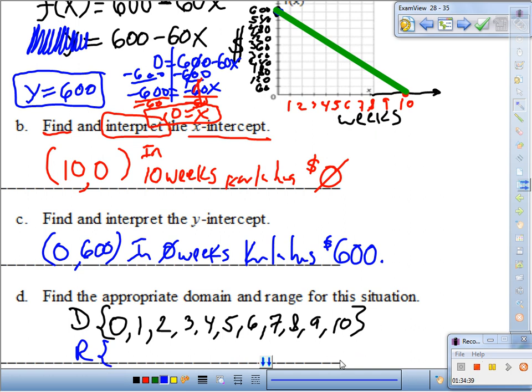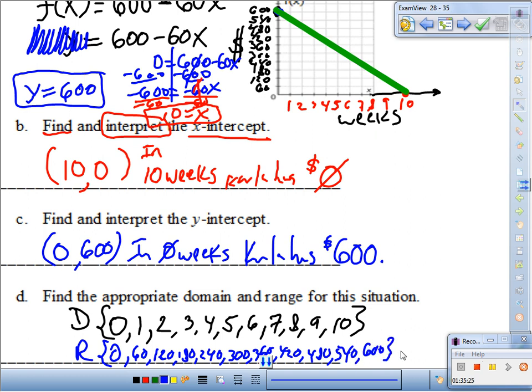Range. What is the range? Alyssa. Close. 0, 60, 120, 180, 240, 300, 360, 420, 480, 540, 600.